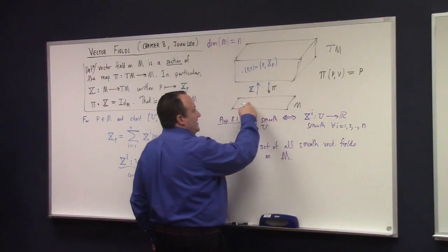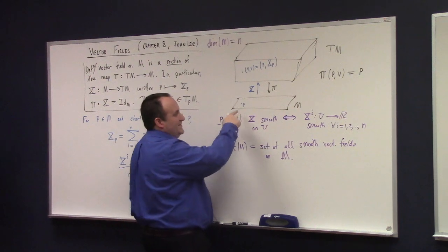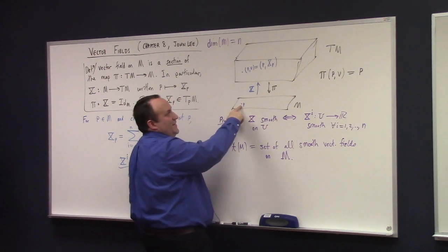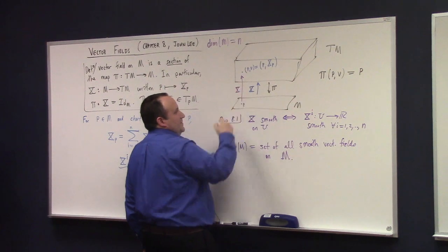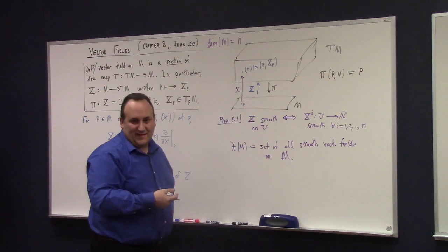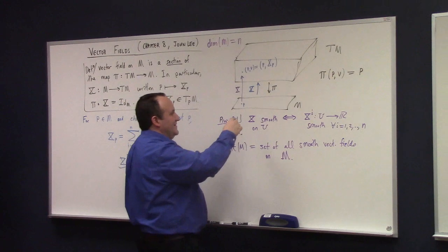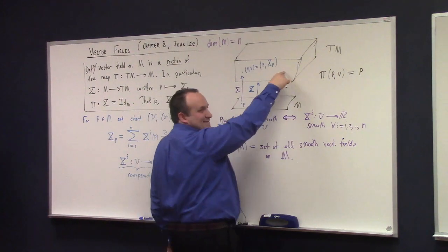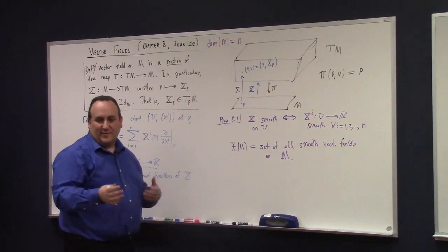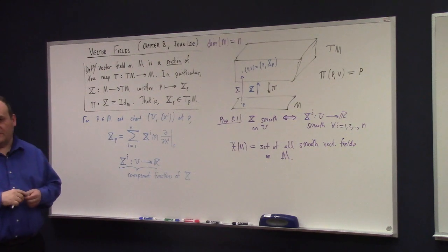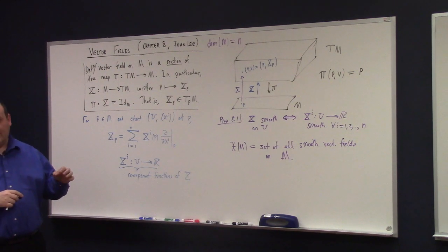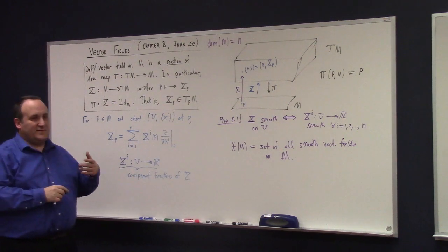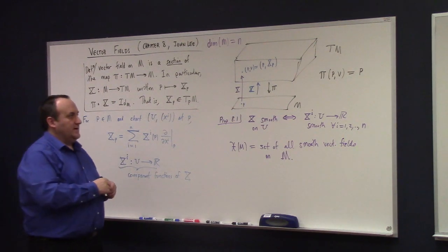You could imagine another function that takes this p and, instead of mapping to where I want it to, goes over here, and then that wouldn't be a vector field. It has to assign a vector at the point, right? The map has to map p into the inverse image under pi.